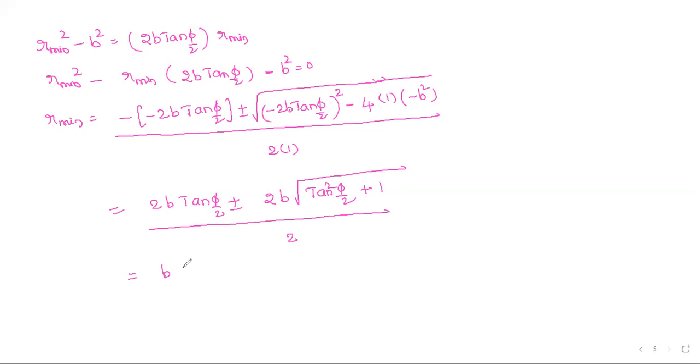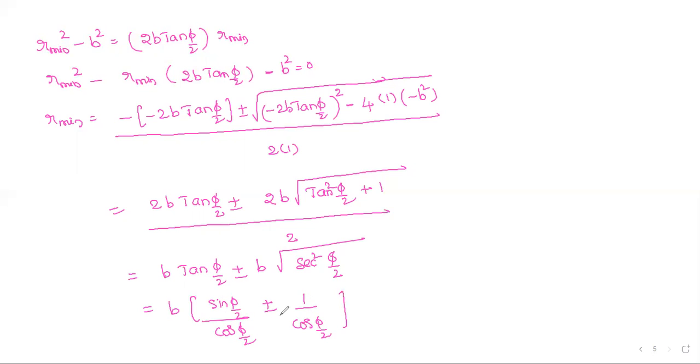So by cancelling the 2 there, you will get b tan phi by 2 plus or minus b. 1 plus tan square theta is secant square theta. If you write here secant square phi by 2, you will get by taking b common, tan phi by 2, you can write as sin phi by 2 by cos phi by 2, plus or minus root of secant square is secant. Secant is 1 by cos phi by 2.